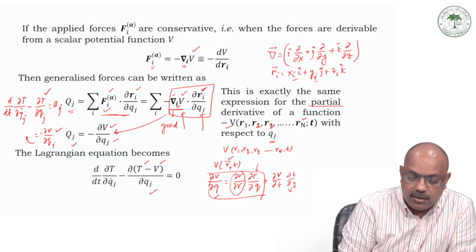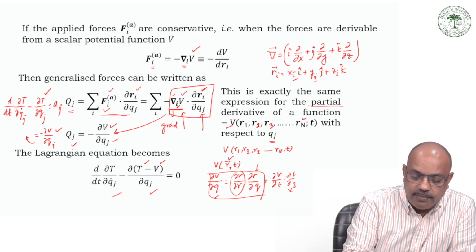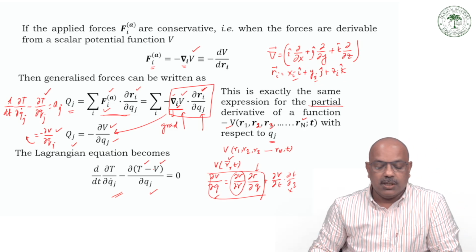So my Lagrange equation now has T minus V here.